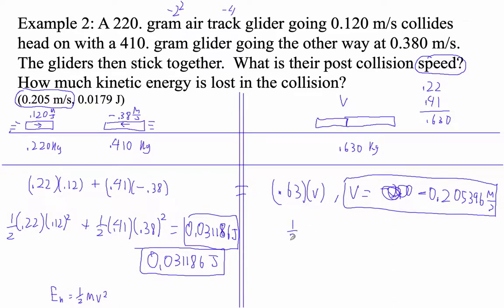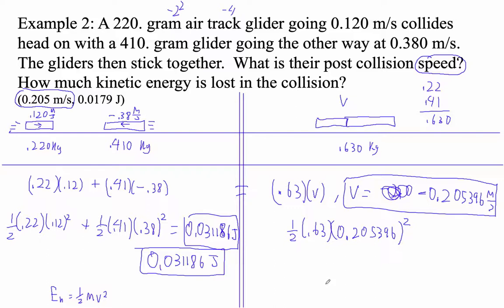It is easy, right? That's 1/2 times 0.63 times this whole thing here, 0.205396. Again, if it's negative, be careful and put parentheses around it when you square it. So 0.5 times 0.63 times, and then I have to use parentheses because my number ended up being negative the way I did it.